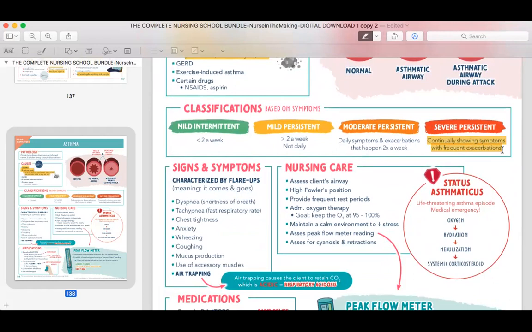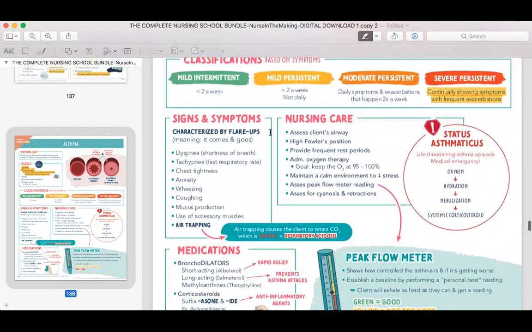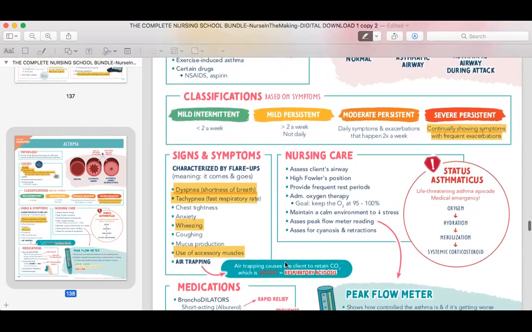But what you have to know for ATI would be you get dyspnea, shortness of breath, tachypnea, because you're trying to breathe fast to get more air in your body. You definitely have wheezing. You use accessory muscles to breathe in, and this does fall under respiratory acidosis, so it's important to know.